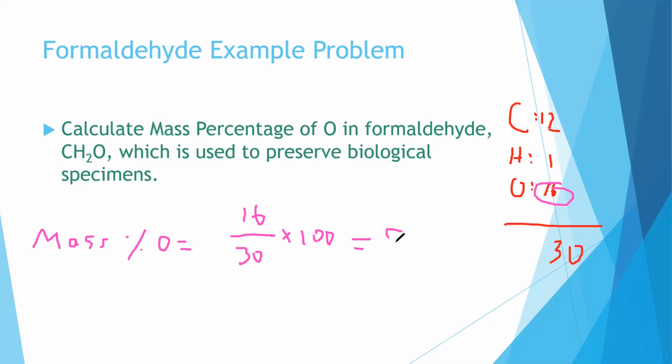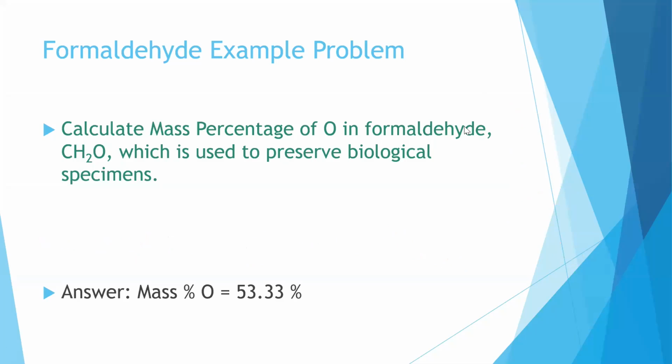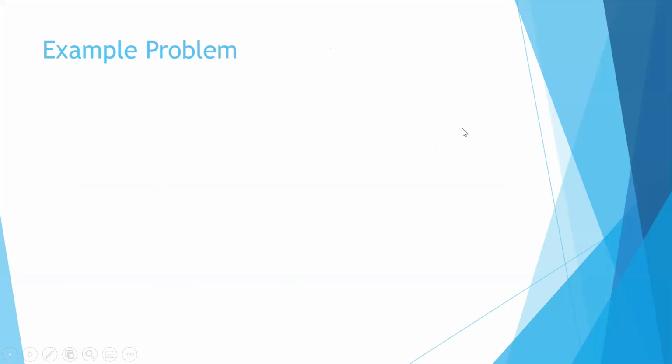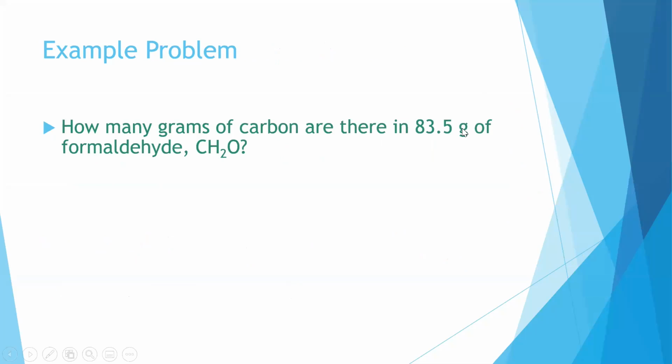And we see it's 53.3%. So the oxygen atoms in formaldehyde actually make up the majority of the mass. And yep, the answer key agrees, so that's good. I believe we have one more example left. So let's get to it.